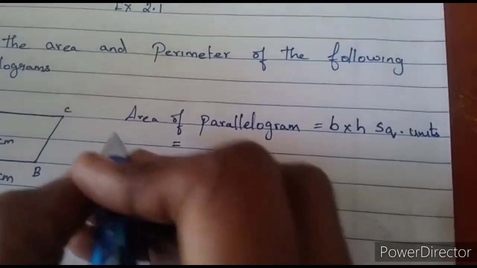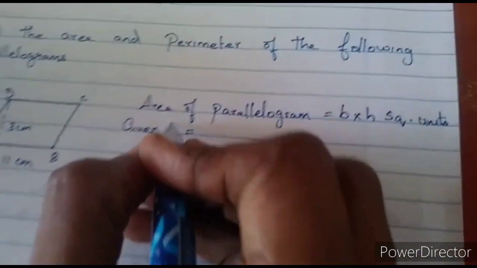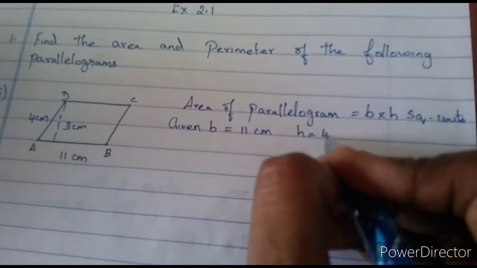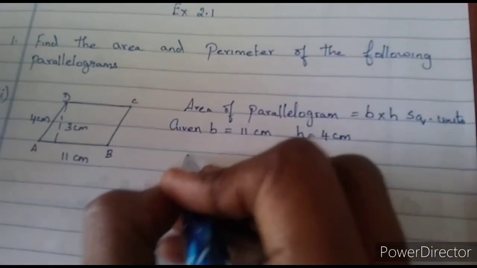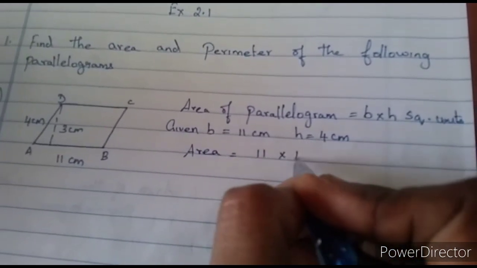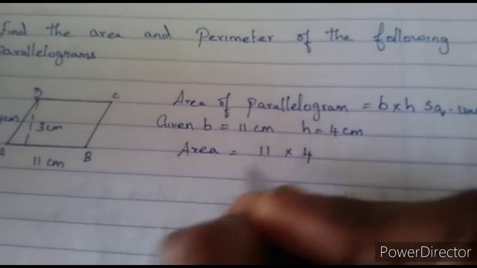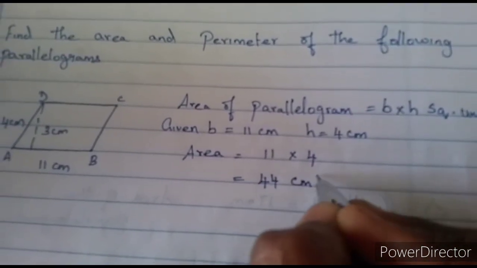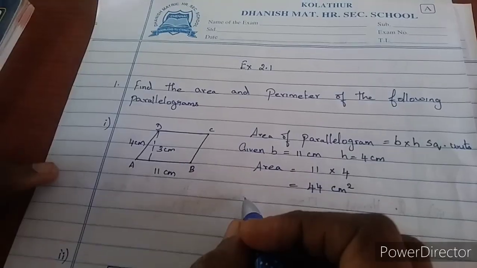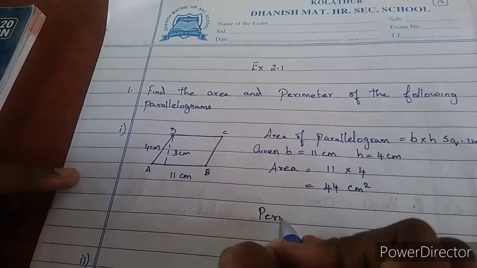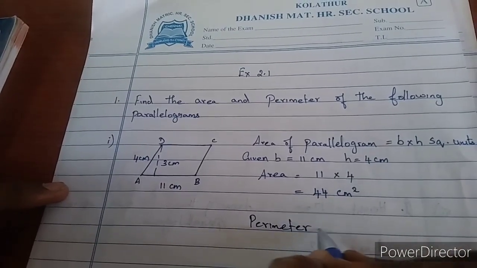Now, given base is 11 centimeter, height is 4 centimeter. Area equal to 11 into 4. So, 44 centimeter square.